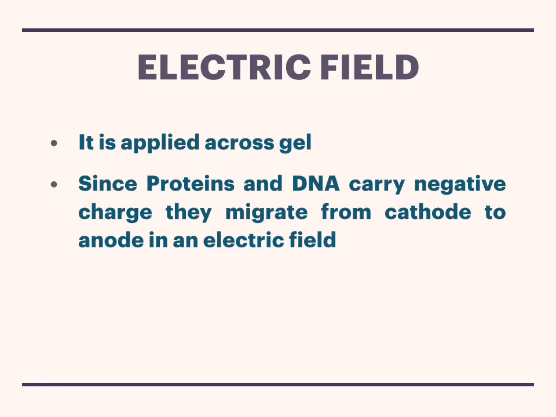Now, we know that proteins and DNA are mostly negatively charged, and so they migrate from cathode to anode. And this is taken care of when you make an instrument for electrophoresis.